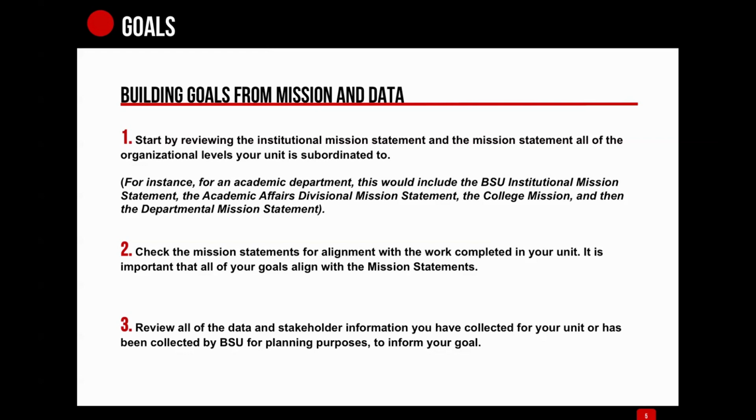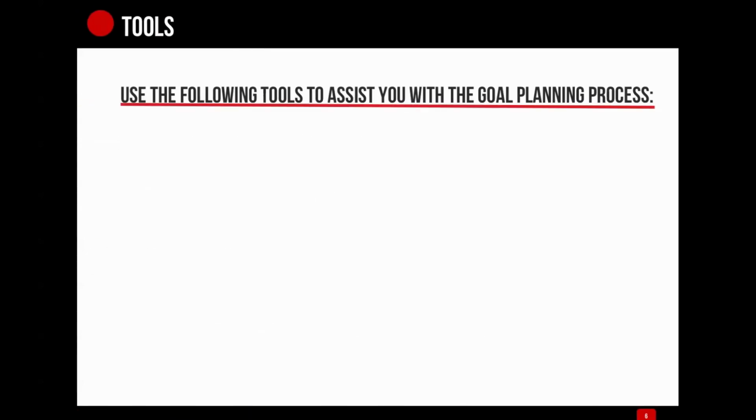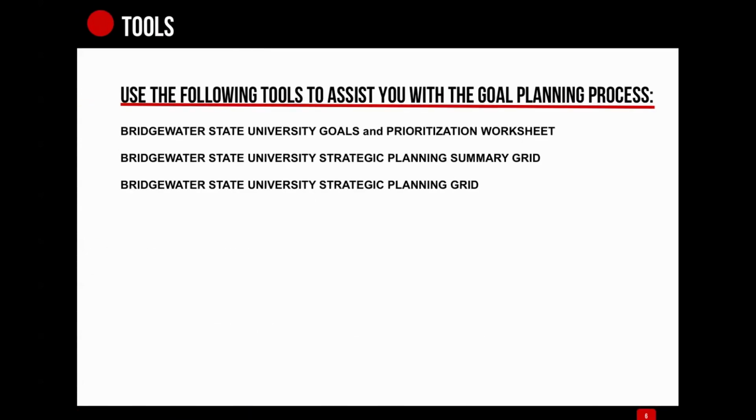So we need to use the big data, the macro level data, and get advice from our leaders and partners on our campus to understand what are achievable goals to set an appropriate baseline so that we're being ambitious, but at the same time, the goals are not so ambitious that we could not achieve them in a reasonable amount of time. We've also listed some resources to help you as you move along focusing on your goals.